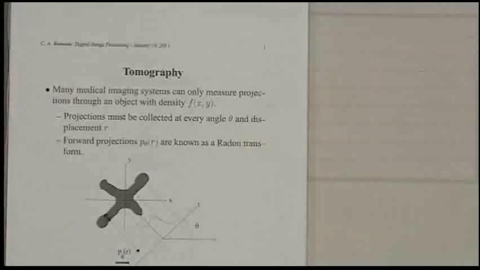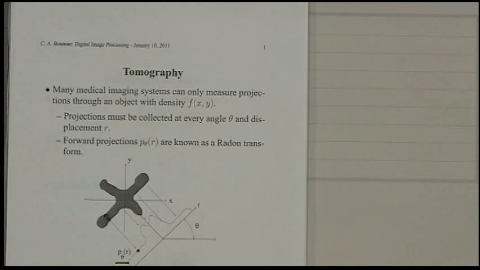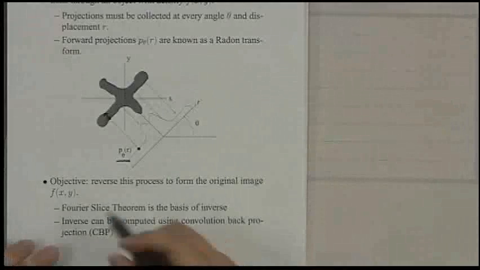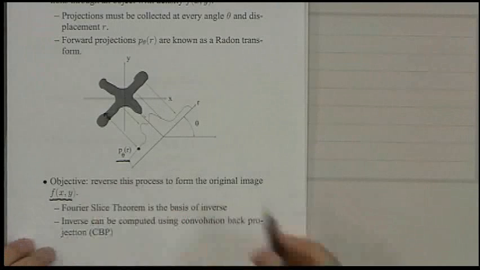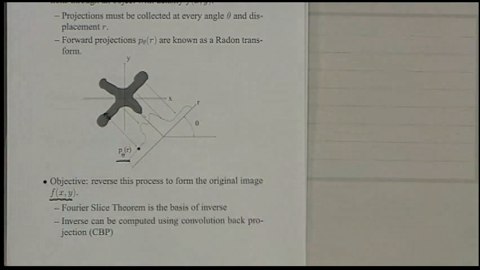By the way, I think I skipped most important thing. The objective today is, we have this P theta(R). This is the measurement. Our goal is we want to reconstruct this f(x,y) from this measurement. That's our goal.